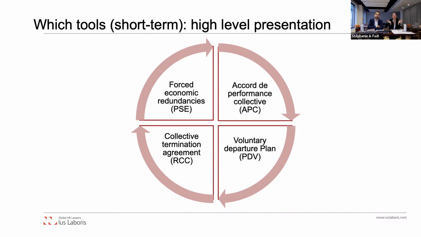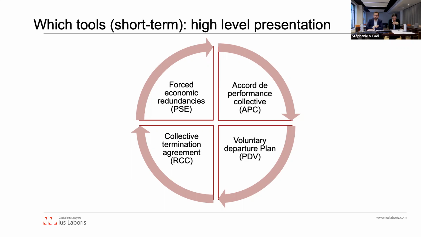Maybe the most famous one over the past few years is the collective termination agreement. Why? Because in this scheme, you do not have to provide economic grounds. It's a restructuring plan you can implement, and all the departures will be made on a voluntary basis.